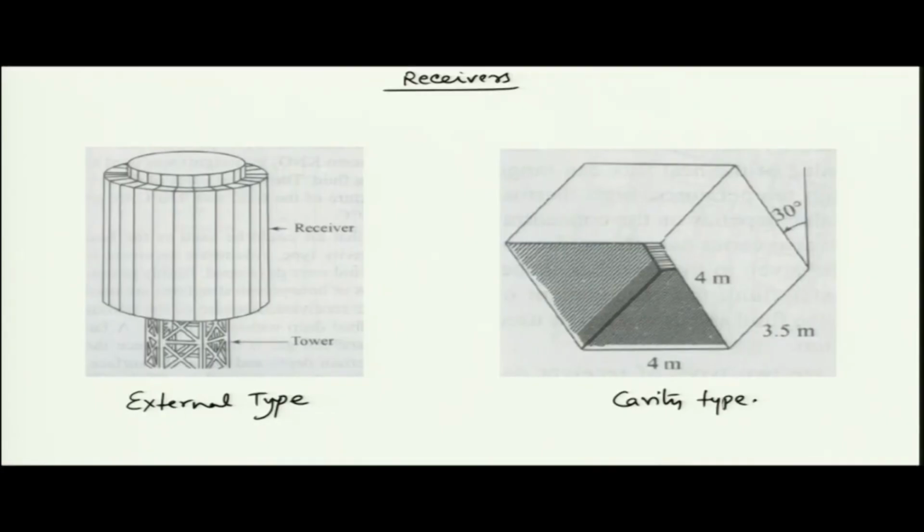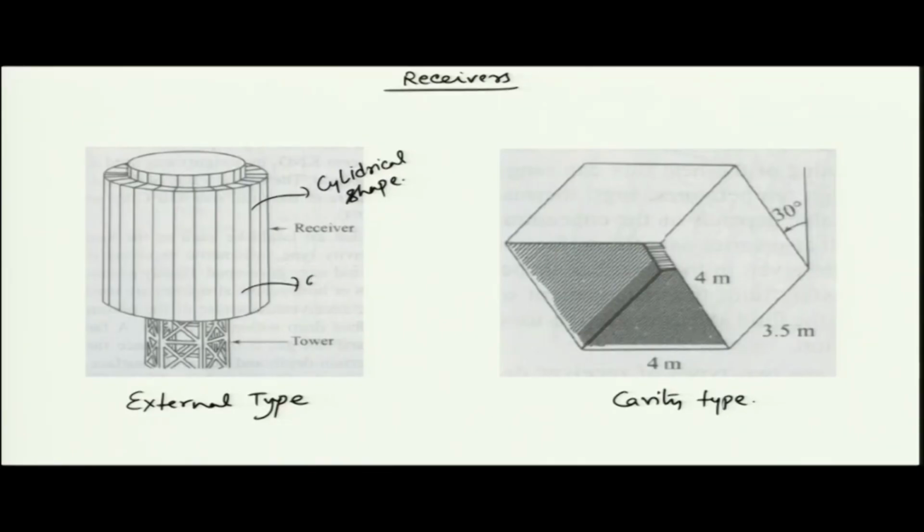Okay. So, how do external ones work? Usually they are of this cylindrical shape. Okay. And the outside is the absorbing material, you have some coating which can absorb all the radiation it gets, and at the back side you will have arrays of tubes which are taking the working fluid.